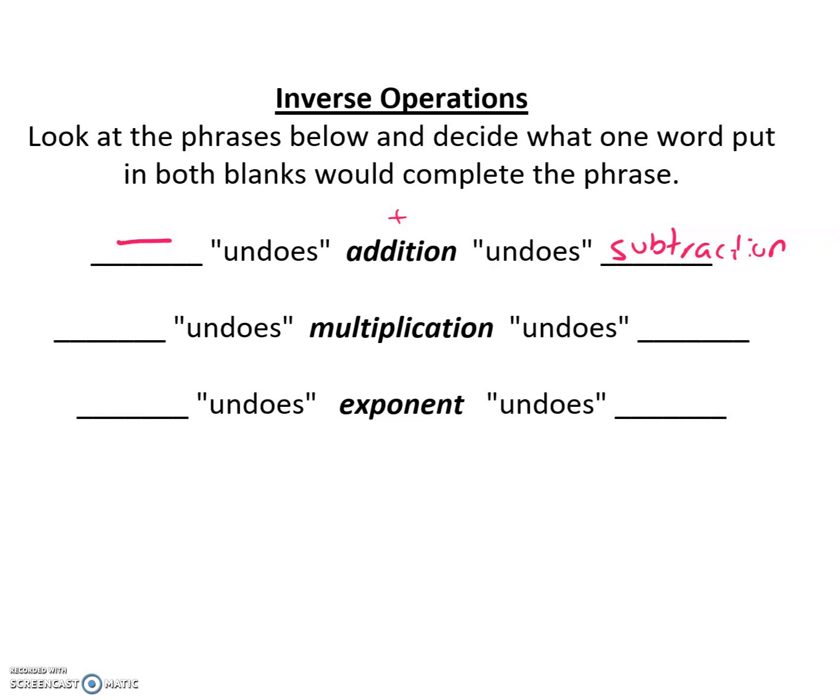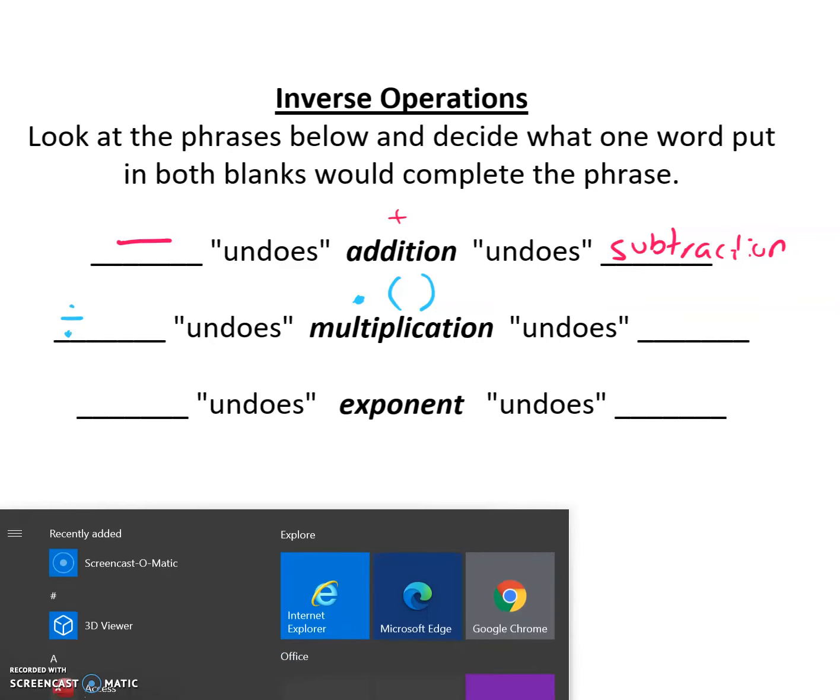Now we're looking at multiplication. Remember, we only use our dot and our parentheses now. We don't use the X anymore. When we're talking about multiplication, what undoes multiplication? What is our inverse operation of multiplication? The ones that we talk about are division, and the symbols that we use are what? We have our division symbol with the dots.